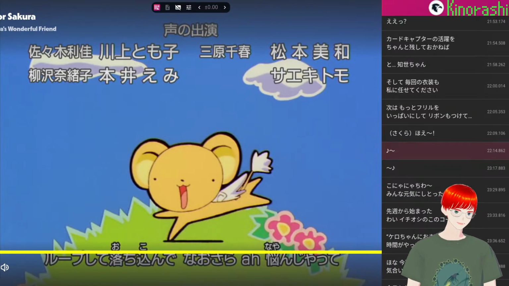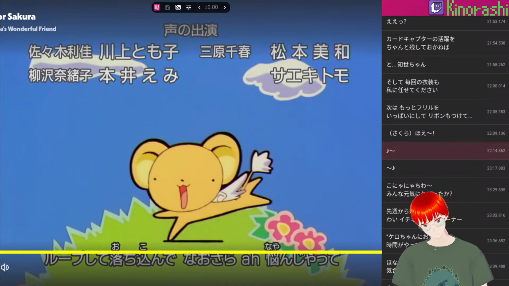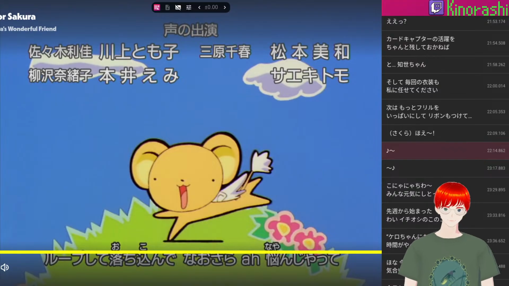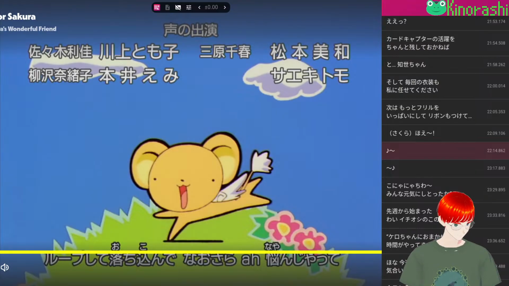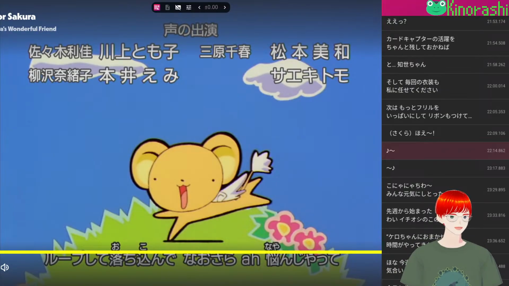The n in the contraction is there, and the ja is a casual contraction of shite or ja, used to express a result or consequence. And the tsu is a casual contraction of... this thing's contradicting itself. Yeah, the other thing is this.